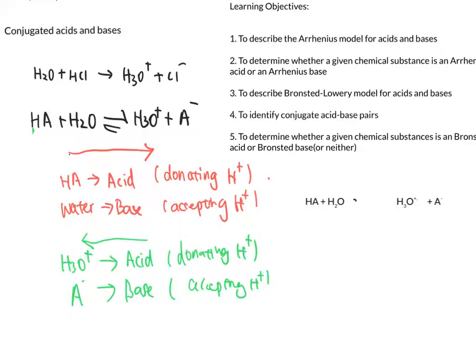It is a reversible reaction. When an acid HA loses a proton, it forms a base, A minus. When the base, A minus, accepts a proton back again, it obviously reforms the acid HA. So these two are a conjugate pair.